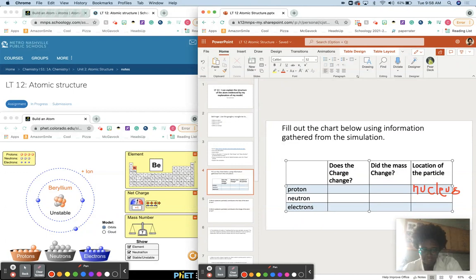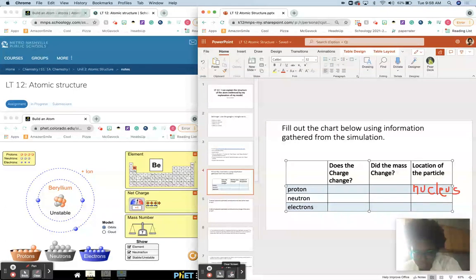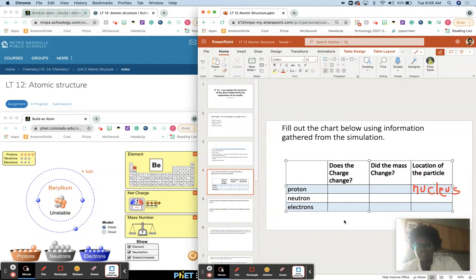The nucleus, all right? So the neutron, when we throw the neutron in there, it goes to the same place. So make sure you have nucleus on both of those.